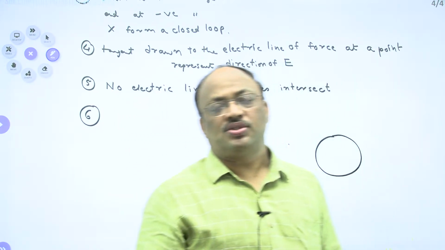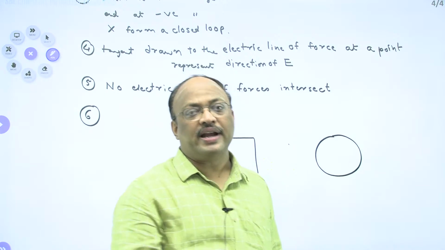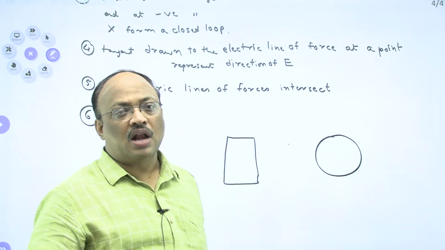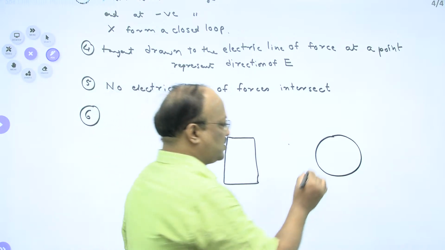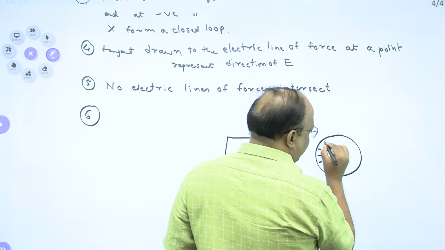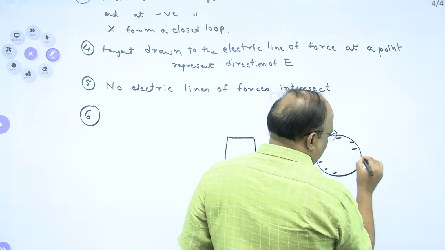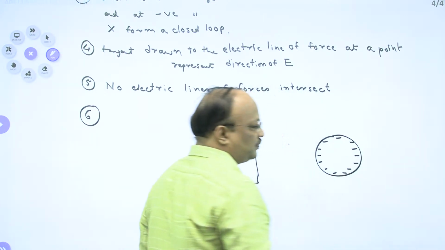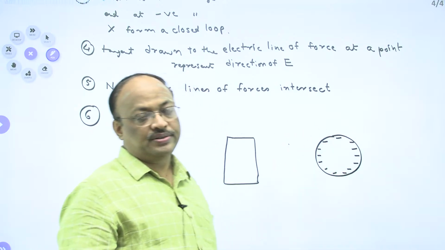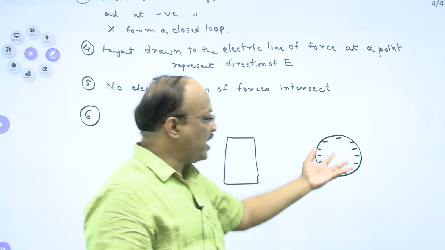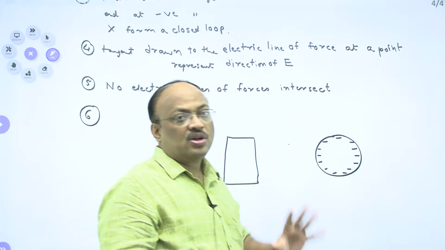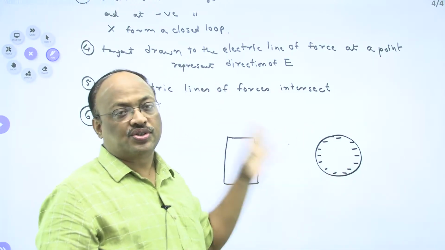Charges always reside on the surface. In the sense, if negative charges are present, these negative charges reside on the surface. No charge is present inside. Inside the sphere, if it is a solid sphere, no charge exists.